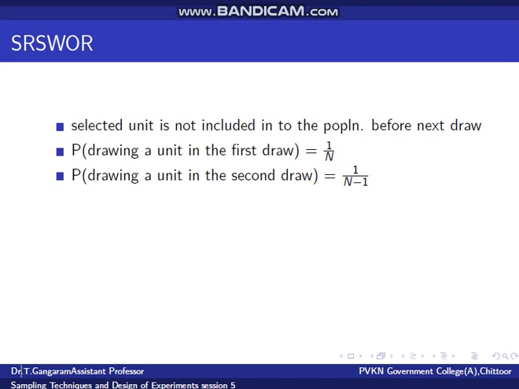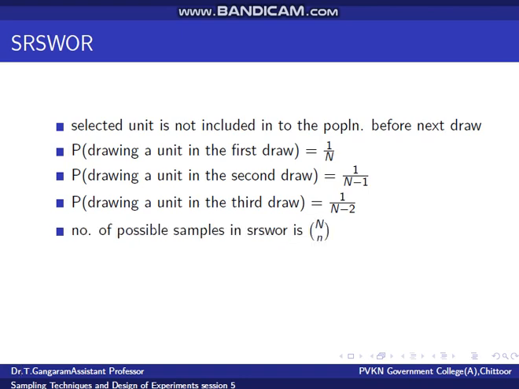As a unit is already drawn and the drawn unit is not replaced into the population. The probability of drawing the third unit in the third draw is 1 by capital N minus 2. Like so on, for every draw, the population size is decreasing here.